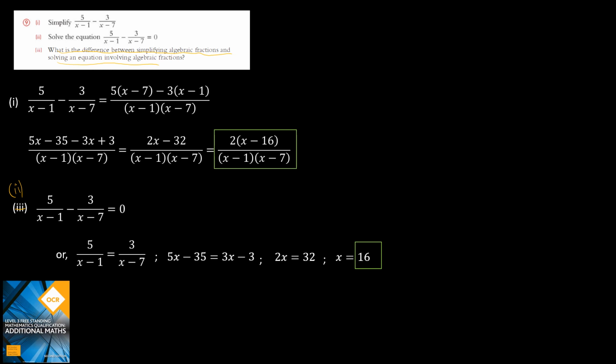But when you are simplifying, you don't really have to find the answer, because it has to be an equation, it has to equate to something, so there has to be an equals sign. When you are just simplifying an expression, you're not saying that a plus b whole square equals 5, and a minus b whole square equals 6 or something, and then you solve for a and b.